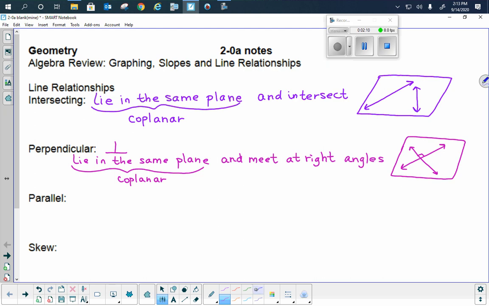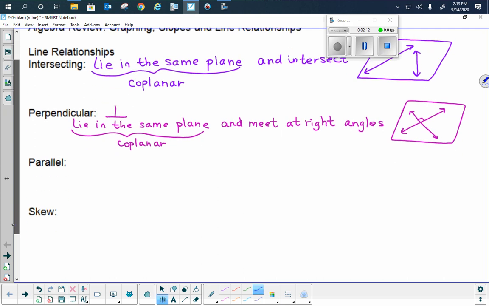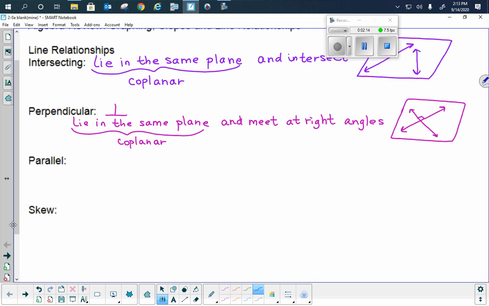And now let's talk about slopes, okay, because that'll be important for the stuff that we've got coming up. So remember, slopes for perpendicular lines are opposite and reciprocal. Opposite and reciprocal.